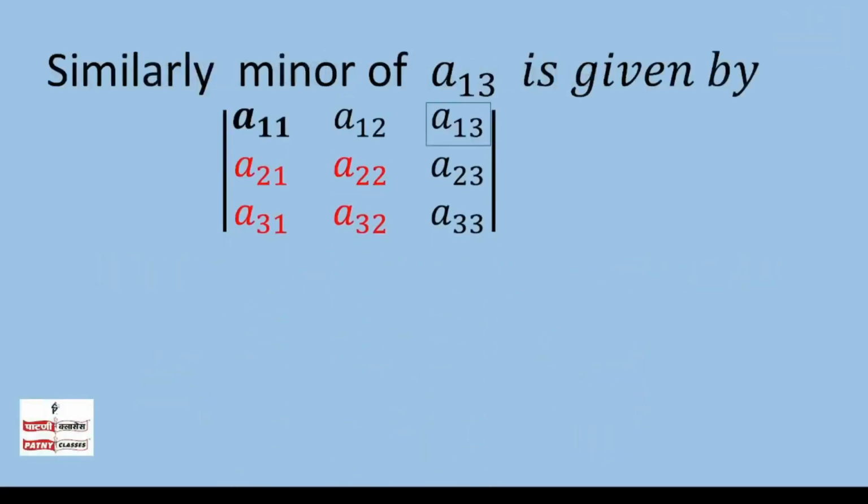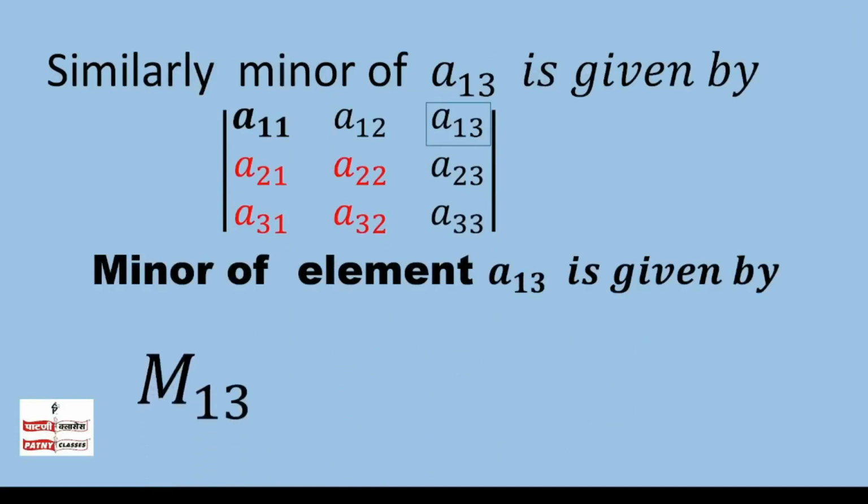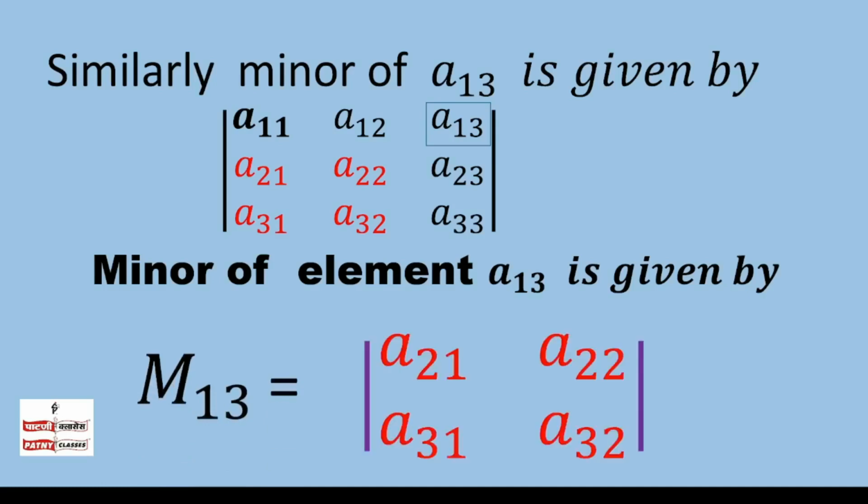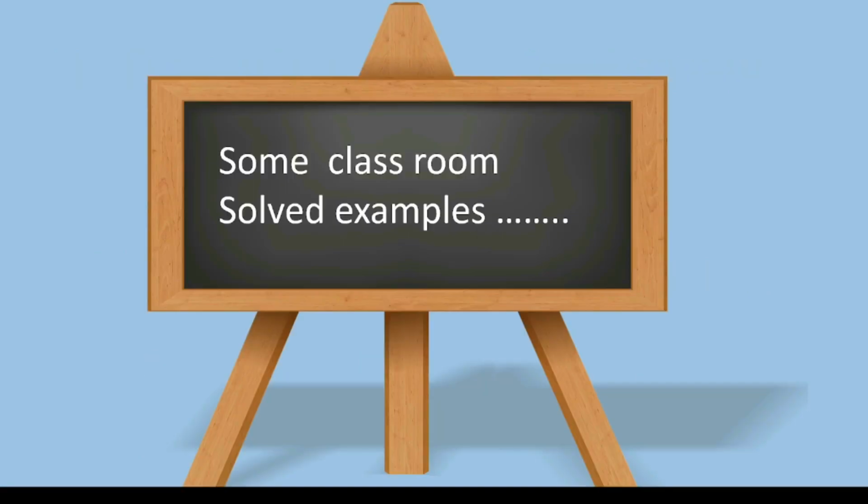Similarly, to find the minor of A13, the minor M13 equals the determinant of A21, A22, A31, A32. On the basis of the above discussion, let us now consider some classroom examples to find the minor of a given element for third order. So let's start to find the minor of some elements.